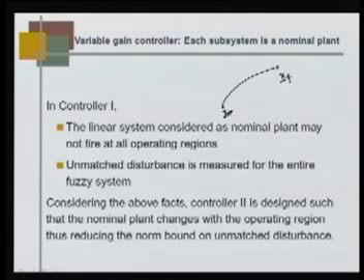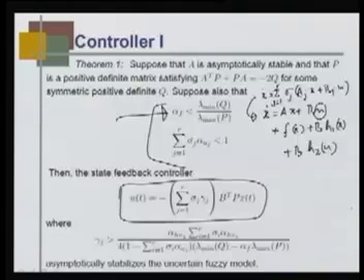Considering the above facts, controller 2 is designed such that the nominal plant changes with the operating region, thus reducing the norm bound on the unmatched disturbance. So what we are trying to say here is, in controller 1, this desired criterion before we can implement the controller is that alpha f is less than lambda min q by lambda max p.